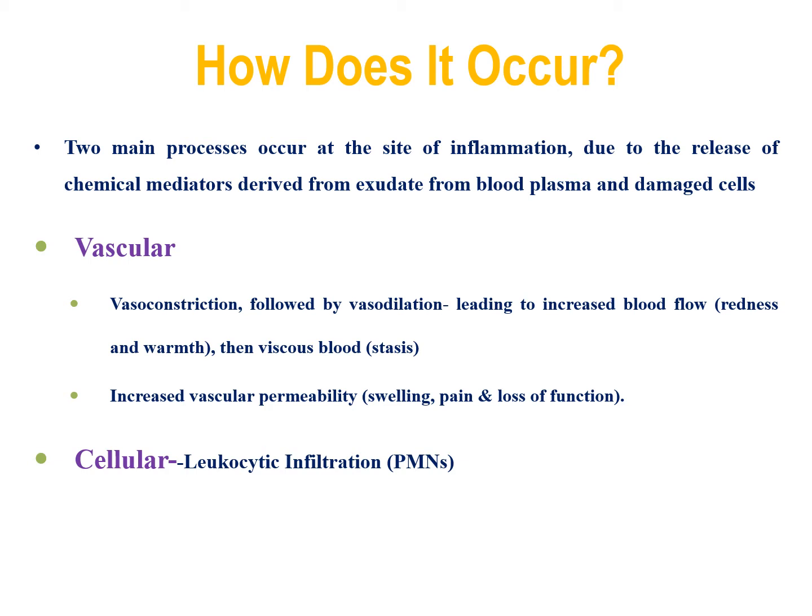The two main phases are vascular and cellular. With the vascular phase, to sum up before I go into more detail, we'll see vasoconstriction followed by vasodilation. When we see vasodilation, we're going to see that this leads to more blood flow.